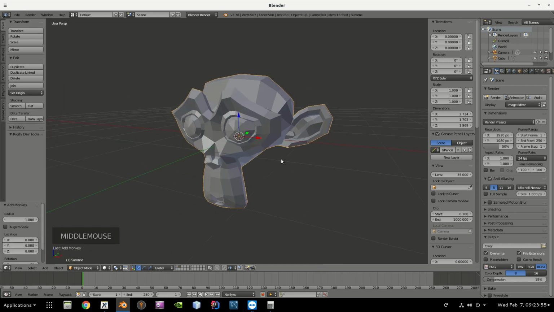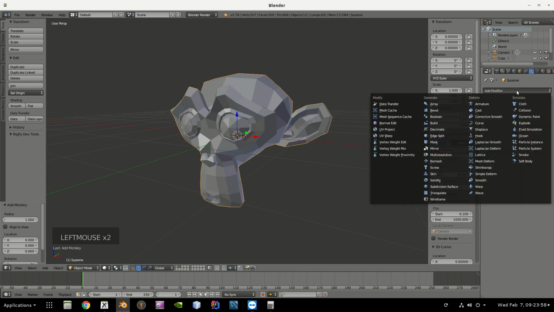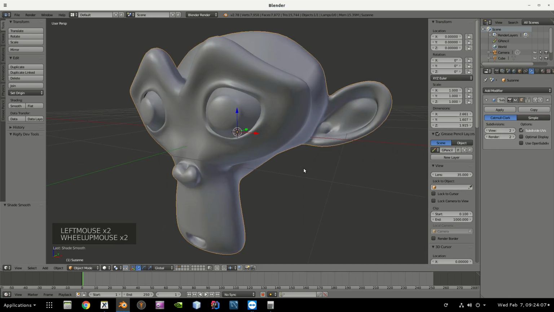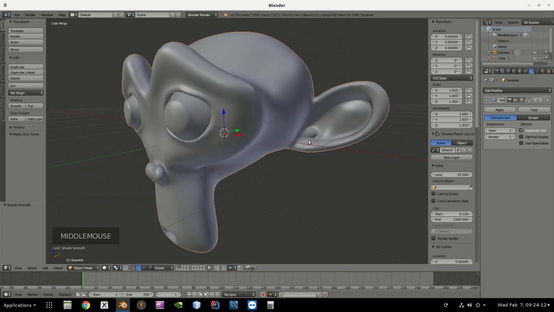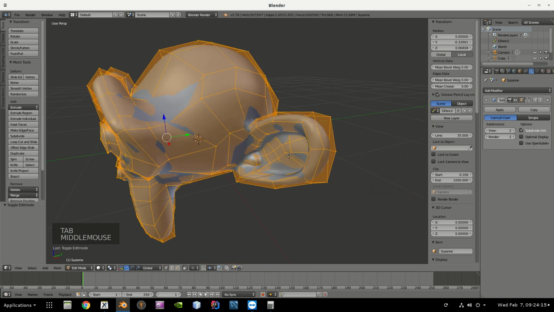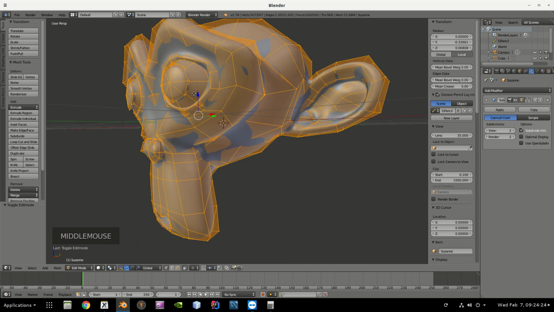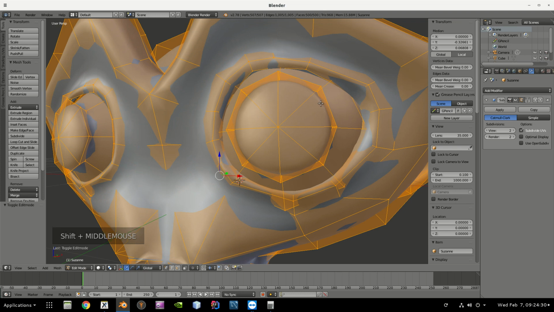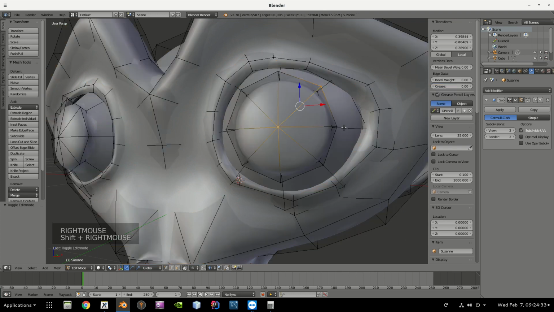We've got a monkey head, which is a polygon mesh, and it looks like a proper monkey if I use subdivision surface, increase it, and enable smooth shading. It looks like a smooth object, but underneath, this is nothing but a polygon mesh made out of a lot of quadrilaterals and in some cases triangles. So in general, polygons make up this entire model.